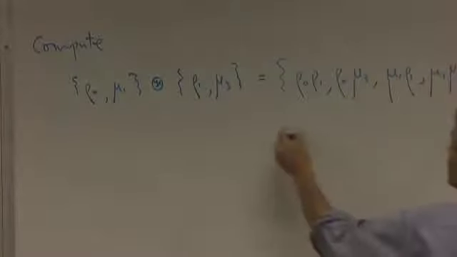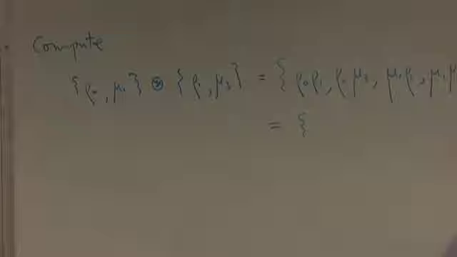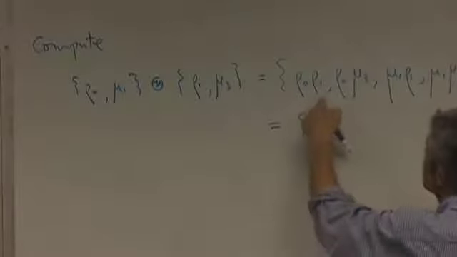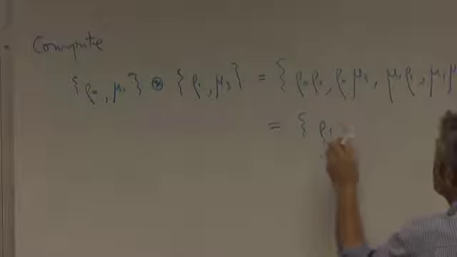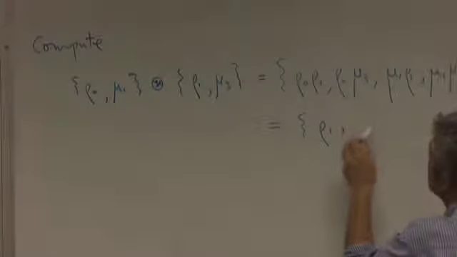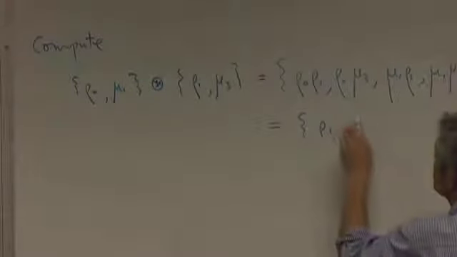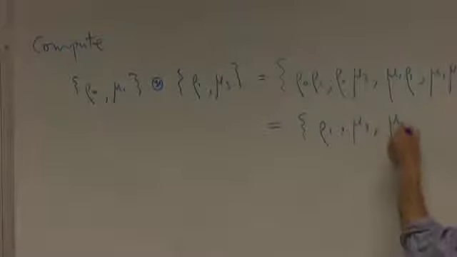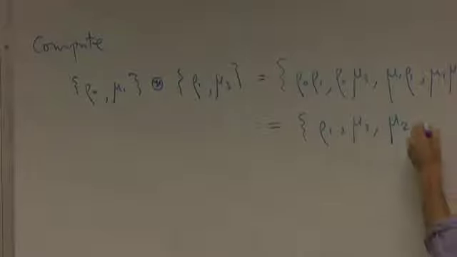And let's see what we get. Well, we get row 1, because that's row 0, row 1. And we get row 0, mu3. What's that? mu3, that's easy. And we get mu1, row 1. Does somebody have that? mu1, row 1. mu2. And then we do mu1, mu3. Somebody have that? Row 2.